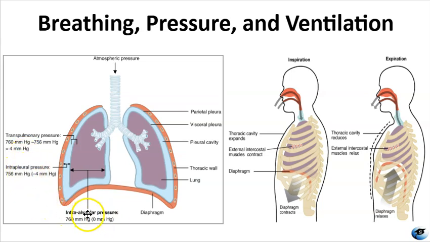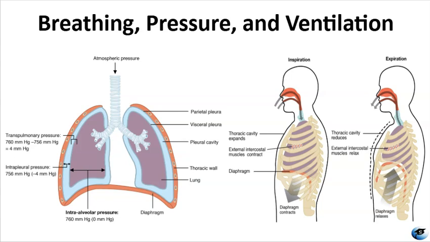Now, during inspiration, the diaphragm contracts and flattens, and the external intercostal muscles contract, expanding the thoracic cavity. And then this expansion lowers the intra-alveolar pressure below the atmospheric pressure, which allows air to flow into the lungs.